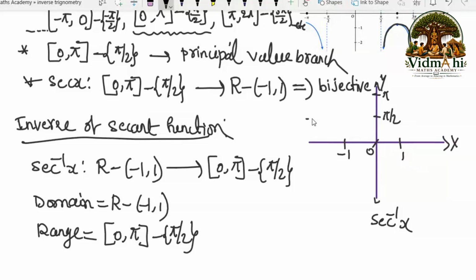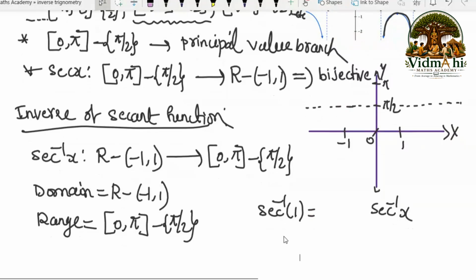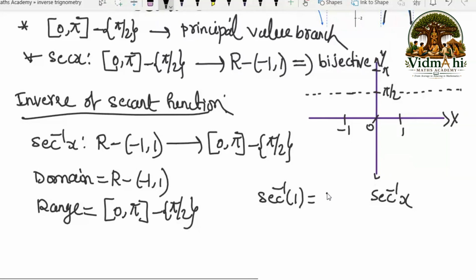So except pi by 2, consider here a dotted line, except pi by 2. Now tell me, what is secant inverse 1? That means where the secant function value is 1, at 0. Yes or no? Yes. Secant inverse 1 value is 0. So next, where the secant function value is minus 1, at 180. Yes.